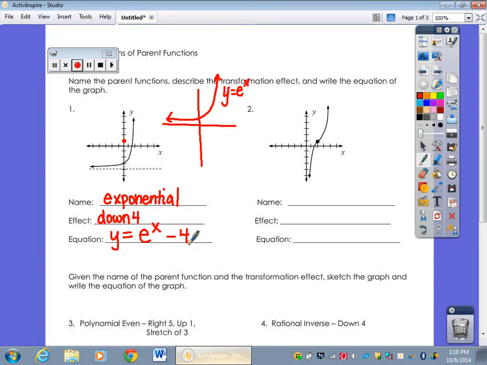This next one is definitely a polynomial odd. And so its mom is going to look like this, and its equation is going to be y equals x to the 3rd power because it's a polynomial odd. So here we'll write polynomial.